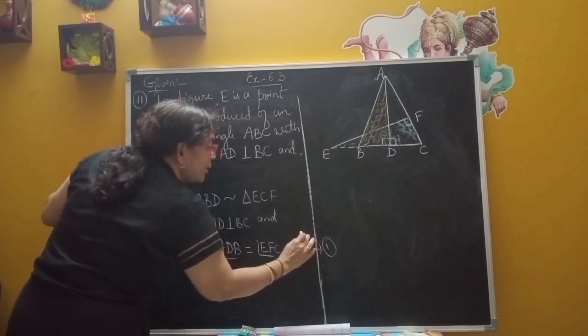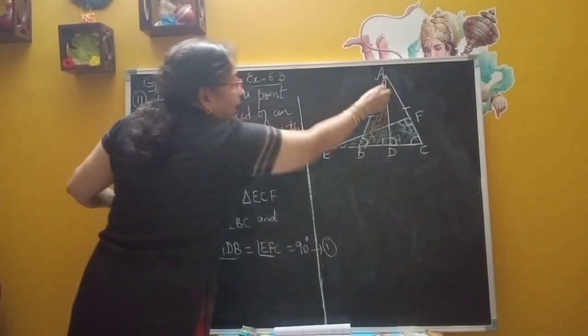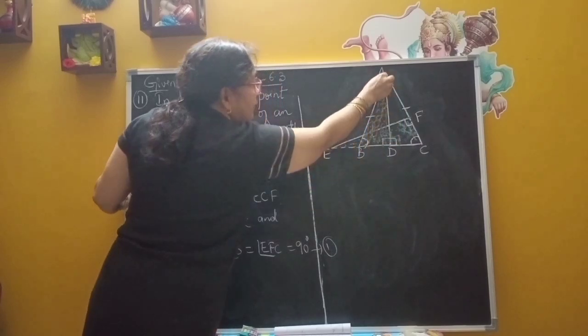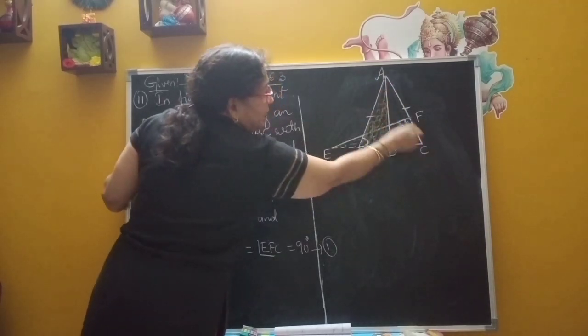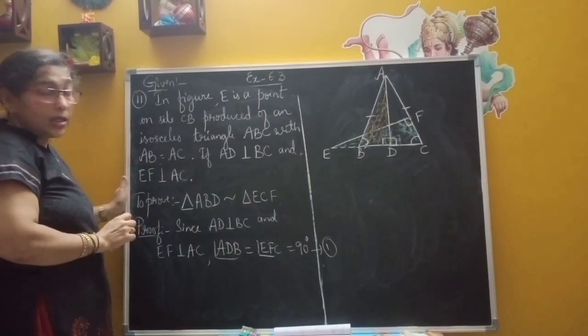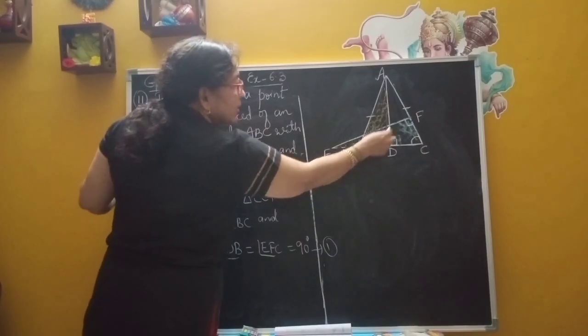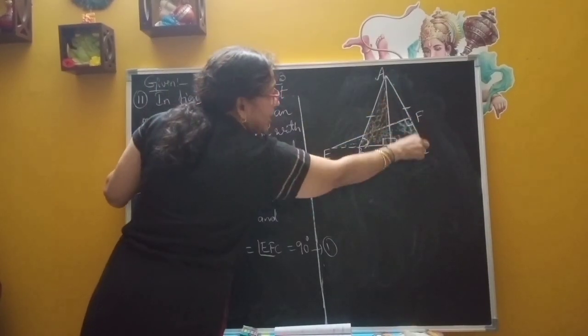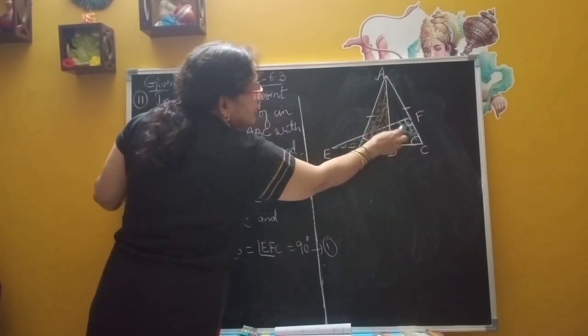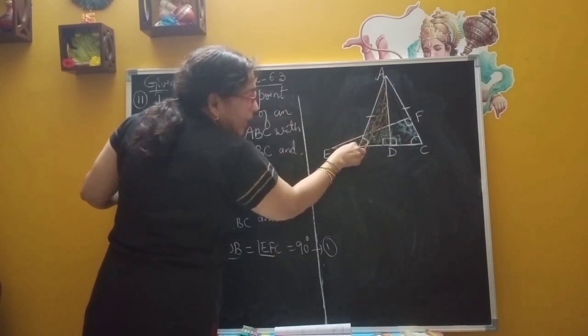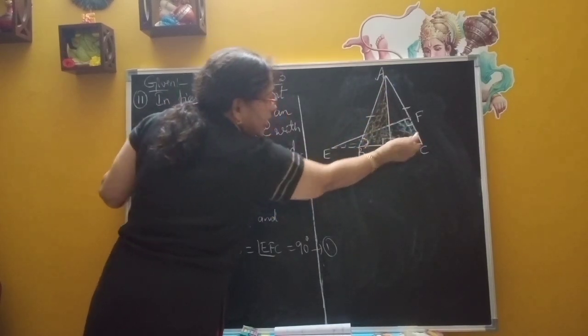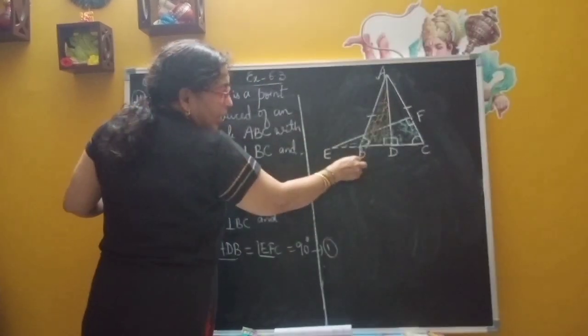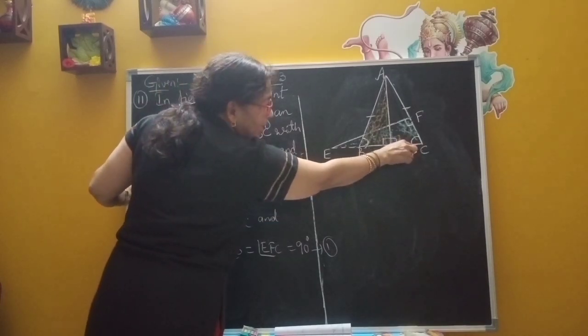We got one result. Now see triangle ABC, here given that AB is equal to AC because it is an isosceles triangle. See the opposite angles. Angle B is opposite to side AC and angle C is opposite to side AB. These are equal. That means angle B is equal to angle C.